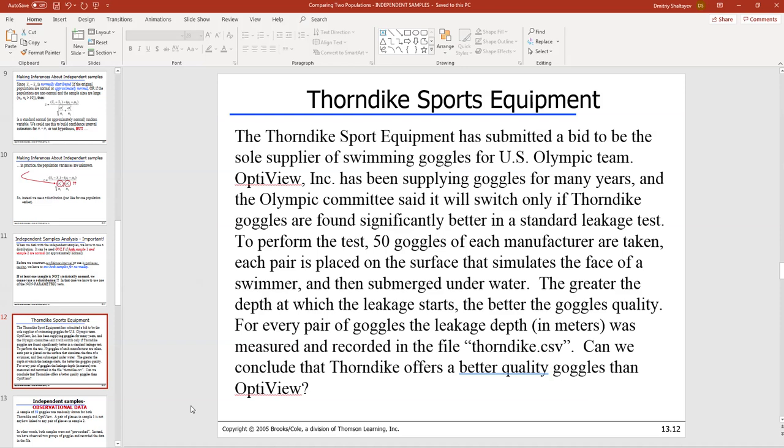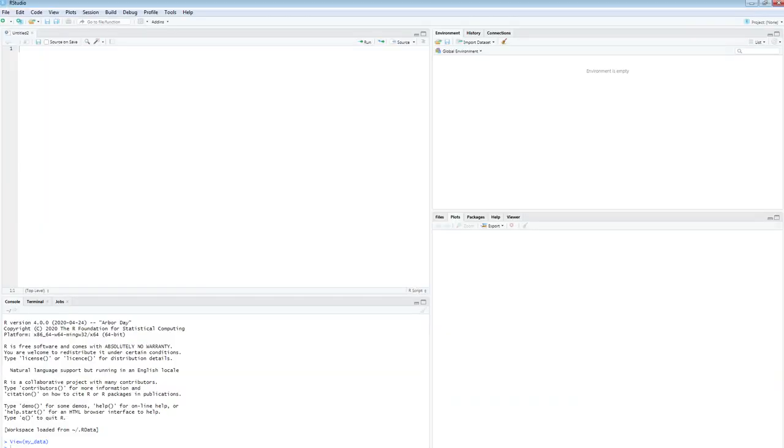Interesting question. All right, so let's turn our attention to our software, RStudio. The Olympic goggles problem.